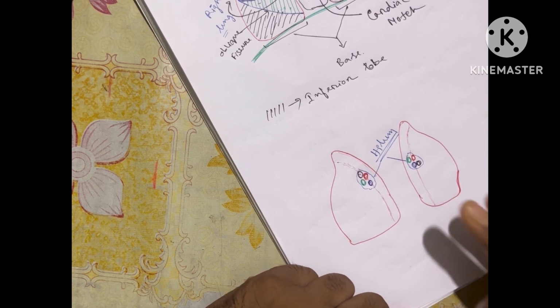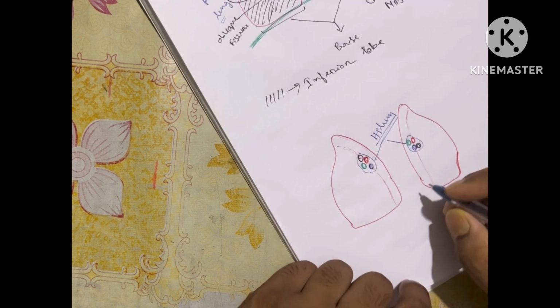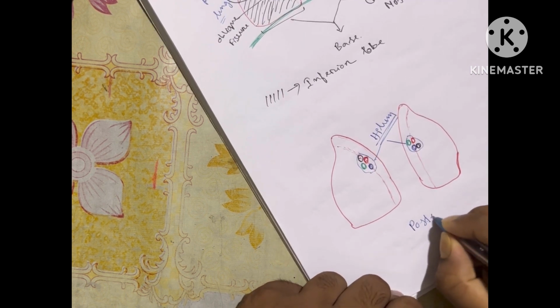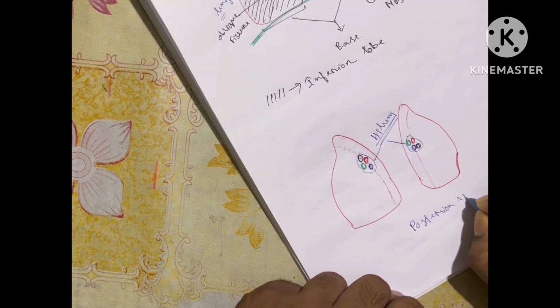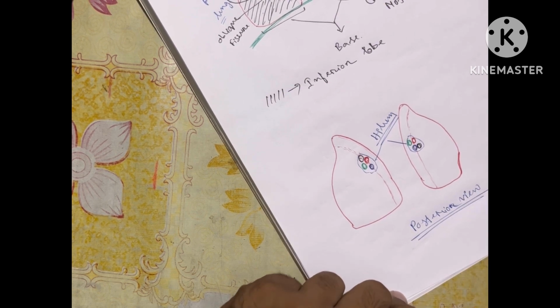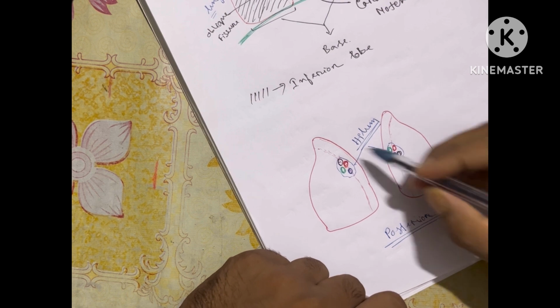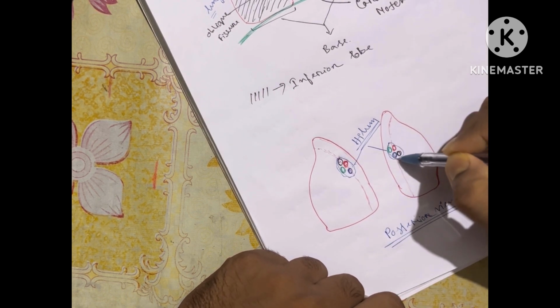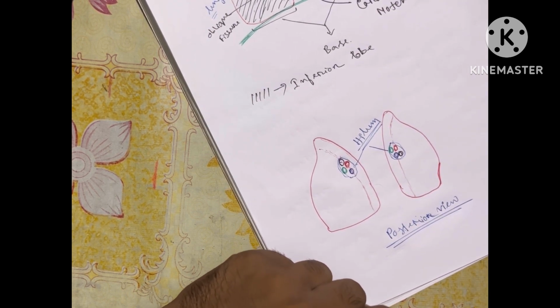This is the posterior view, and this is the basic description of the hilum of our lungs.